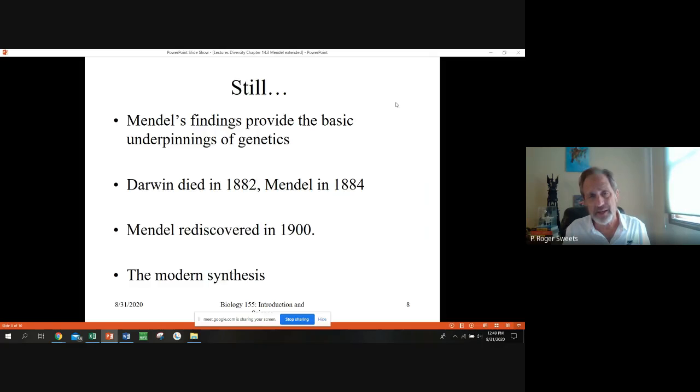But in effect, when we think about Darwin and Mendel, we think about where biological science is today with the modern synthesis, the melding of genetics, which Mendel had such a large part in pushing forward, even though it took a while for people to realize that, and of course Darwin and his theory of evolution by natural selection.